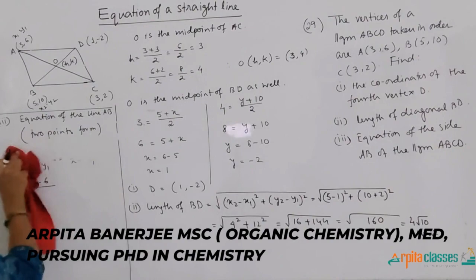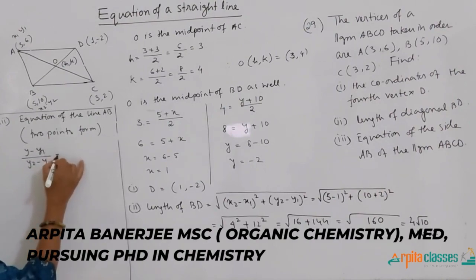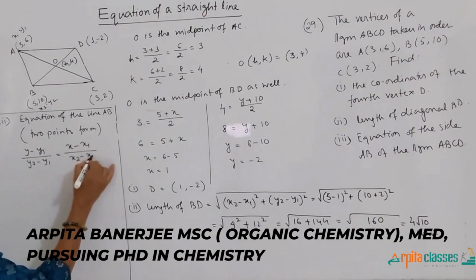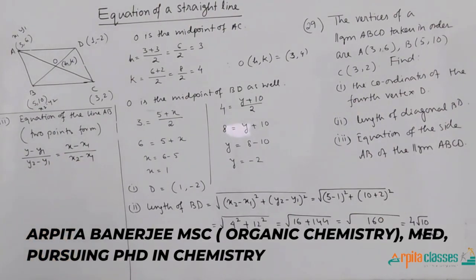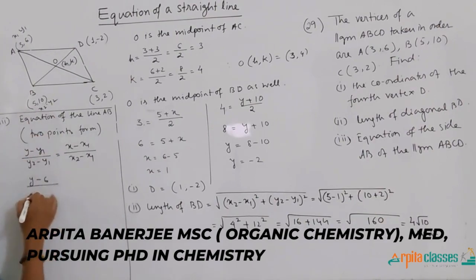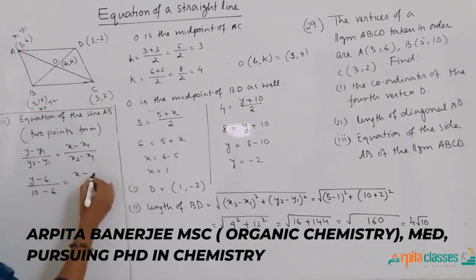I wrote it reversed. It should be (y minus y1) upon (y2 minus y1) is equal to (x minus x1) upon (x2 minus x1). Yes, the form is this. Sorry, I wrote it in reverse. So y minus 6 upon 10 minus 6 is equal to x minus 3 upon 5 minus 3.